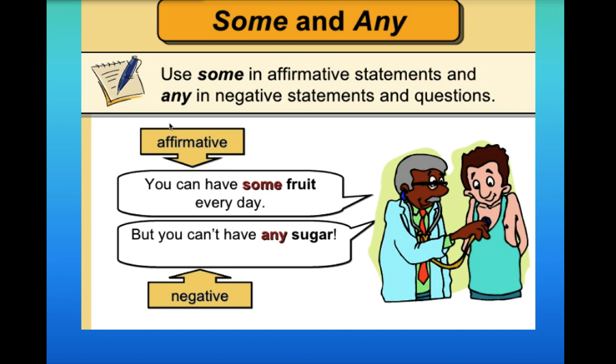The doctor says you can have some fruit every day, but you can't have any sugar. Some is affirmative. That means that it's a positive sentence and fruit is uncountable. Any sugar, so any is negative. It's a negative sentence. Sugar is uncountable.